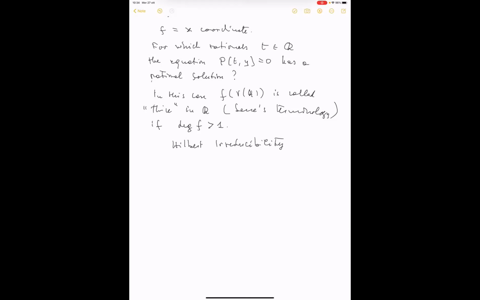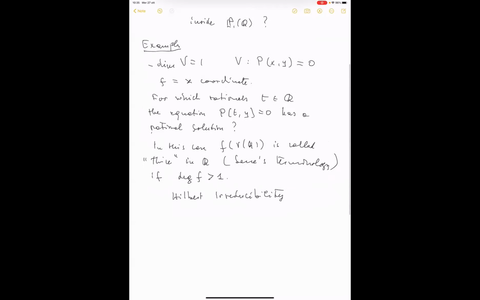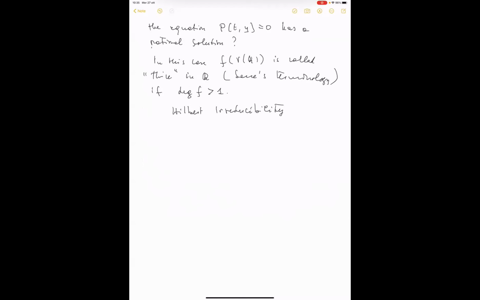In this context, we want to know the rationals t such that P(t,Y) remains irreducible. So you see it is related. Of course, this is not the case when the equation has a rational solution if the degree in Y is greater than 1. But having a rational solution and being irreducible are related facts. So we recover the thin sets as a very special case of the question that I stated in the beginning.